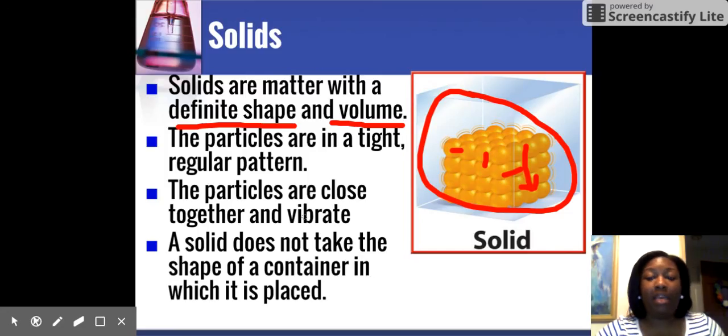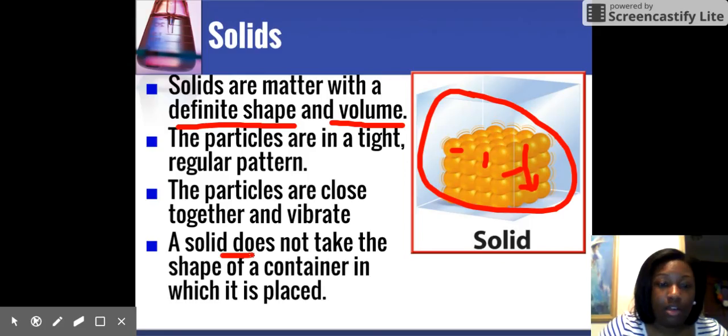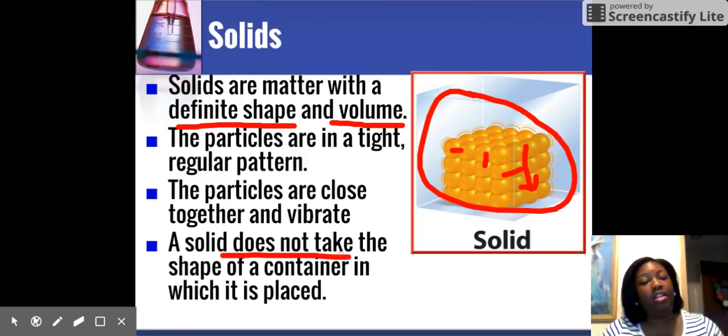So take a cup, and if I put this solid object in there, it's not taking the shape of the cup. This is what it means by not taking the shape of its container. The solid remains the shape that it is. So the solid does not take the shape of a container in which it is placed.